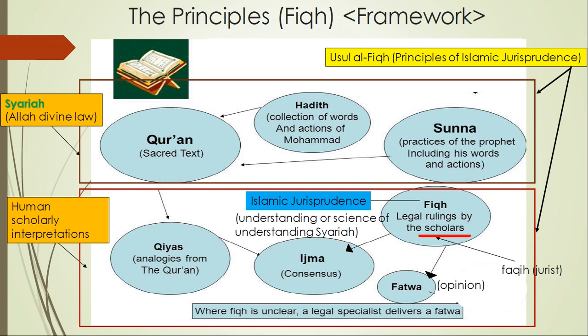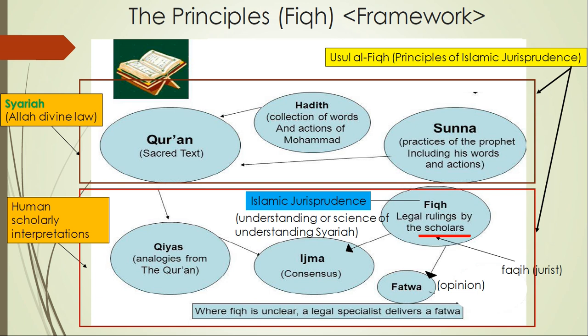If you look at this slide, you will see the overall makeup of the principles of fiqh, meaning jurisprudence, when it comes to Islam. We have the first one.